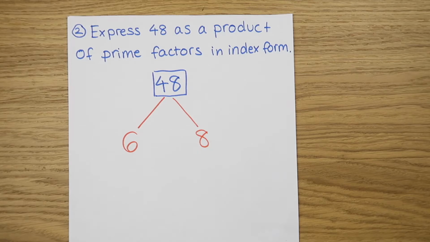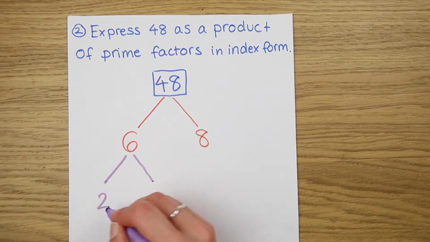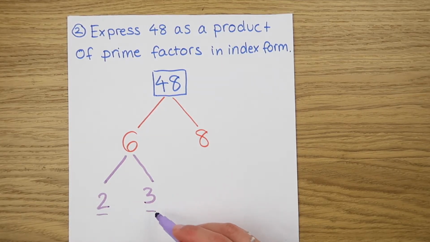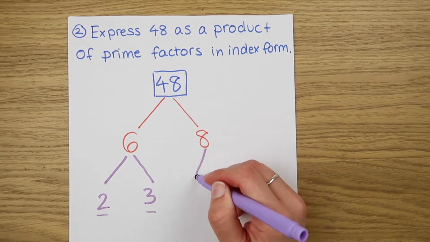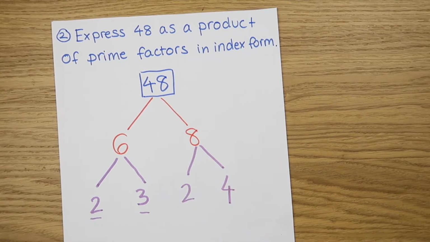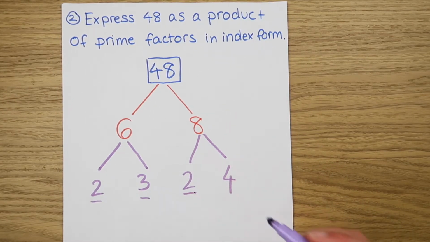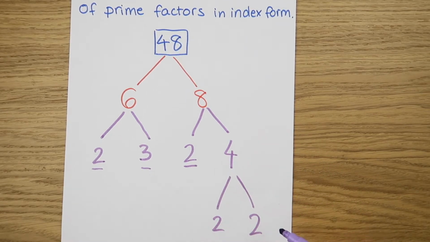Then we can break both of those down further. So 6 is going to break into 2 and 3, and that's going to be cut off there because those are both prime factors. Now the 8, that will be 2 and 4. 2 and 2.